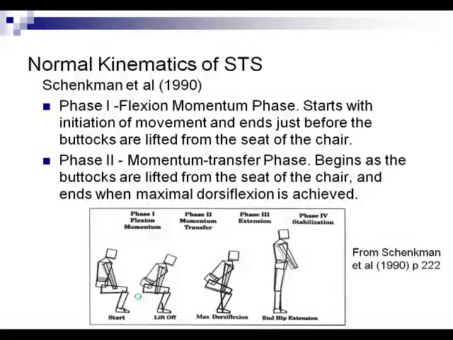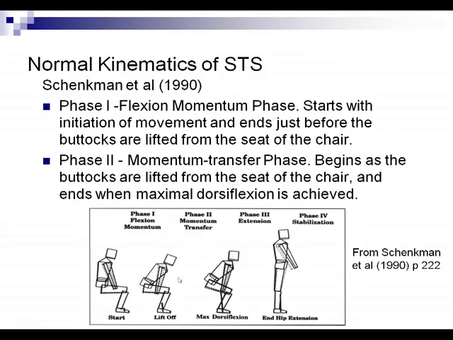And phase 1 is called the flexion momentum phase. So this largely involves trunk and pelvic movement, and it starts when the sit to stand movement is initiated and ends just before the buttocks lift from the seat of the chair.